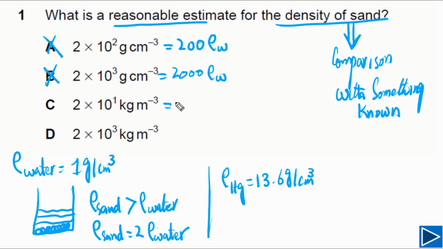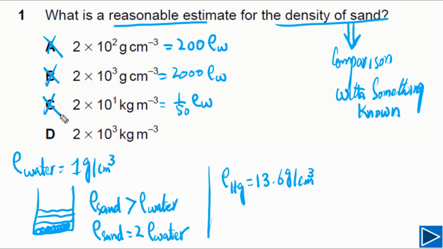So this is telling us the density of sand is 50 times less than the density of water, or we can write it in a slightly different way: this is 1 over 50 of the density of water. That is also not the density of sand, because sand is denser than water.